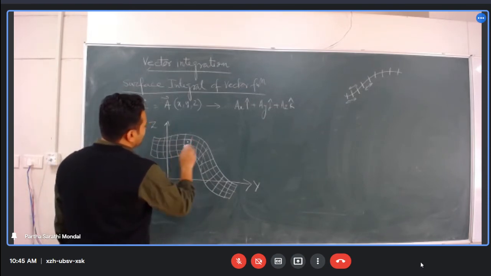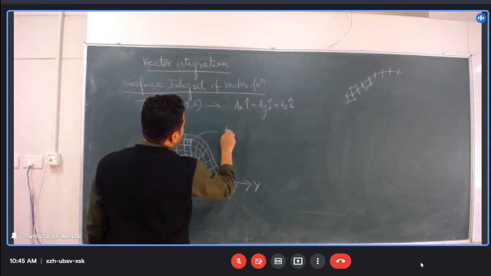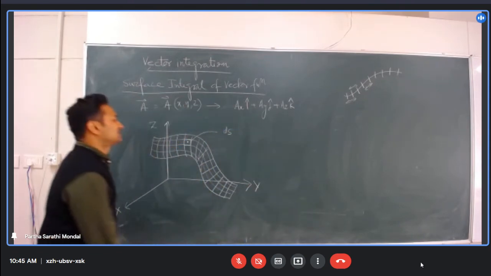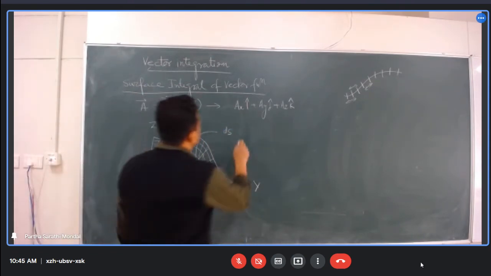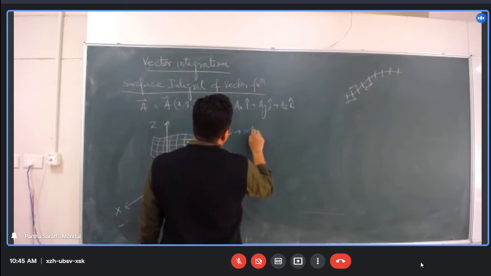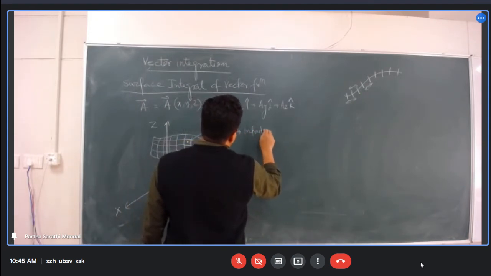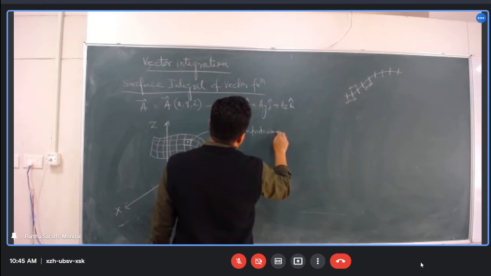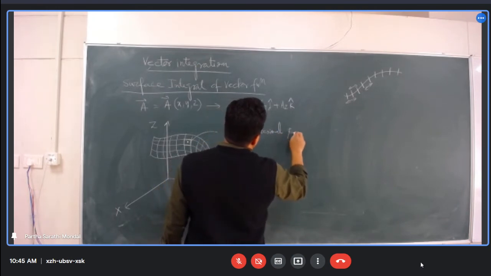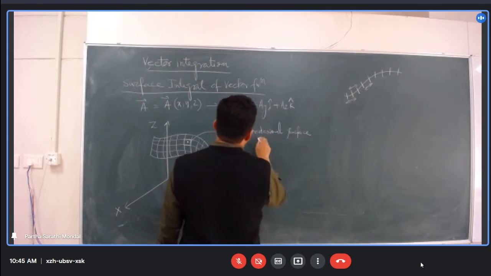This is the patch, and we say the area of the patch is ds. इसको हम लोग बोलते हैं infinitesimal surface area.